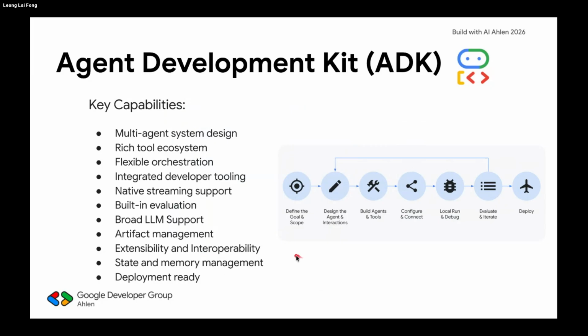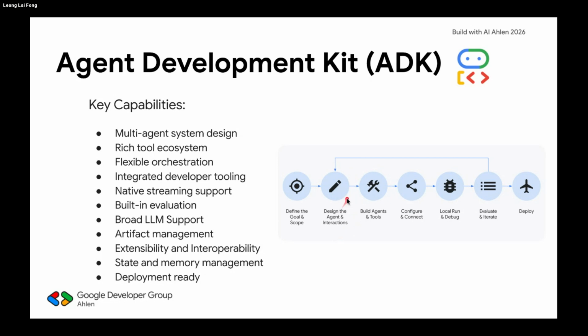During agent development, this will be the general flow of ADK development. First, we define the goal and scope: what is the capability of the agent? Then we design the agent according to the task or the role.